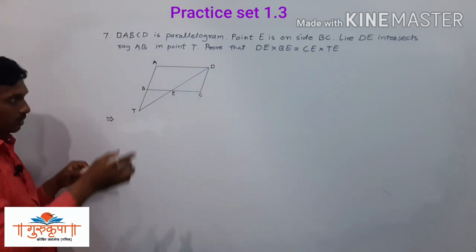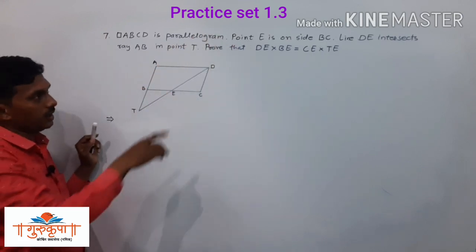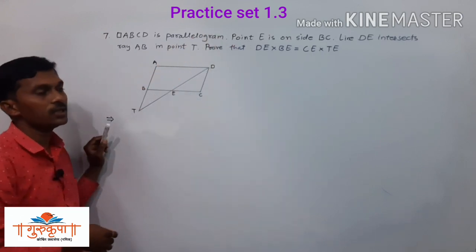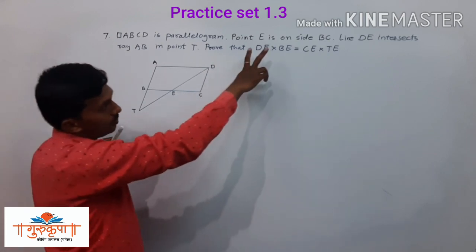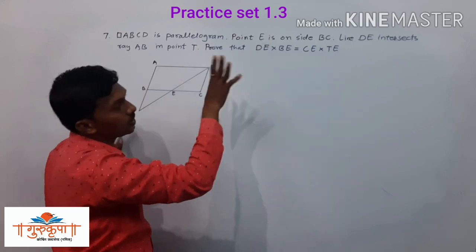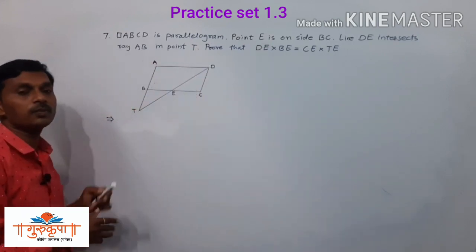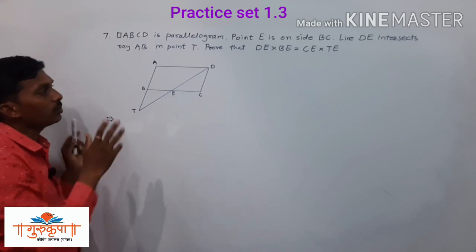And here what we have to prove, that is DE into BE is equal to CE into TE, if we consider that all these are the four sides of two corresponding triangles. Here we have more than two triangles.